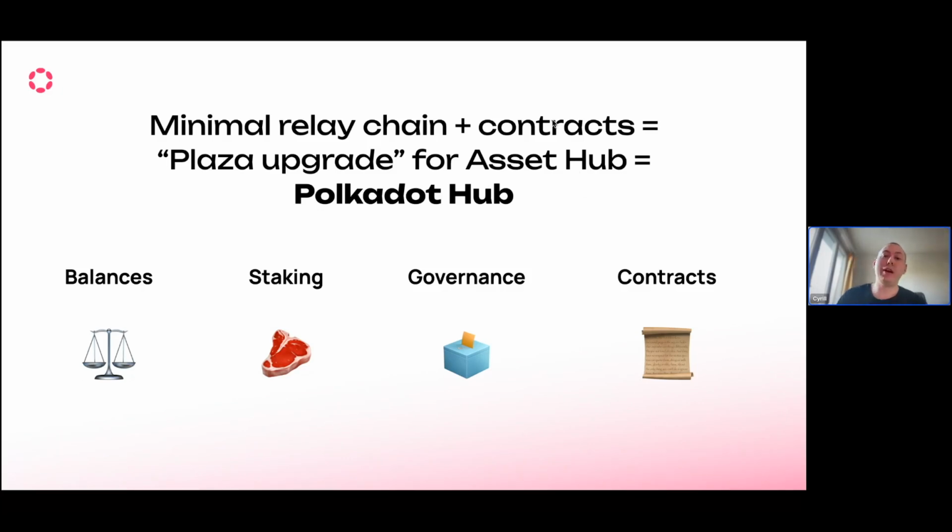In Ethereum, they always have, I think, city names for their upgrades, so you can think of it more or less like this. We just call it the Plaza upgrade. And this turns the Asset Hub chain on a high level into the Polkadot Hub. And Plaza, it's called because it becomes this one central thing.